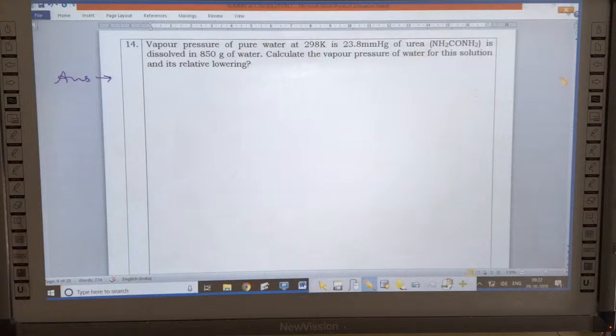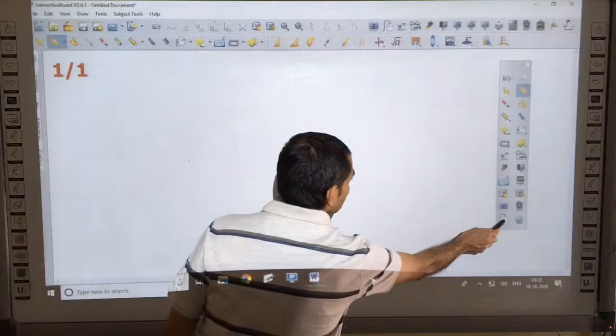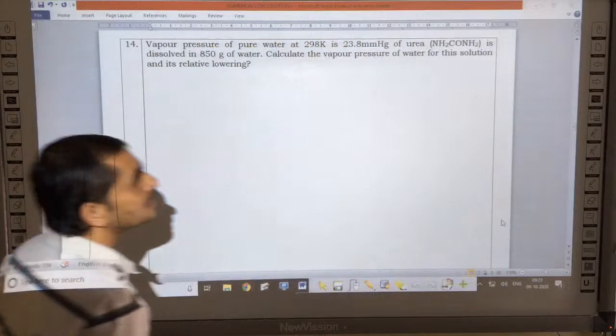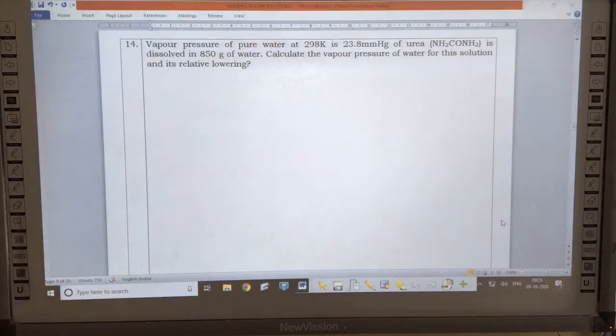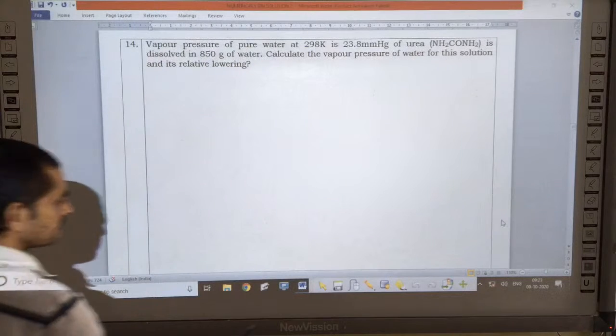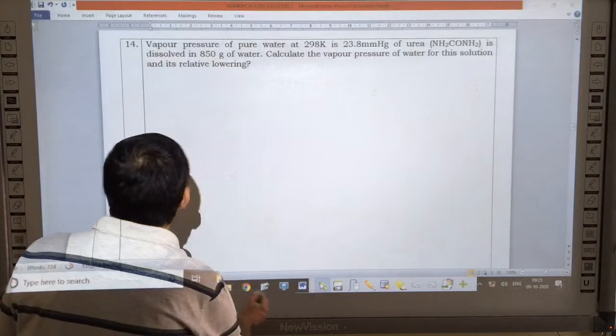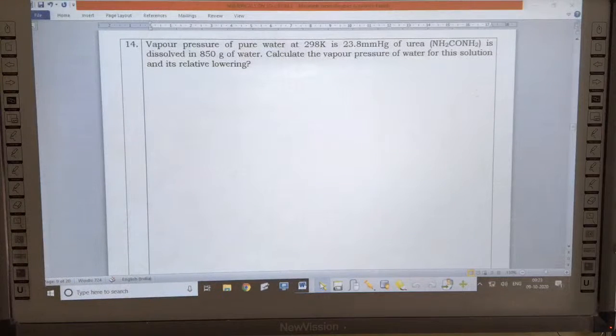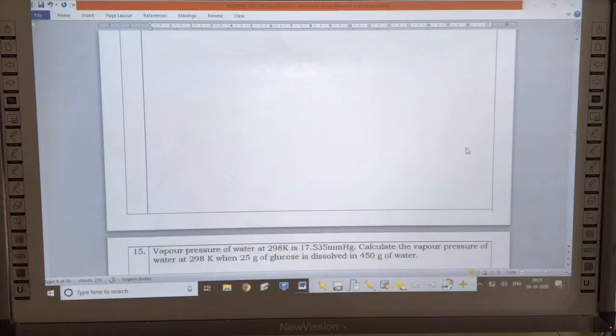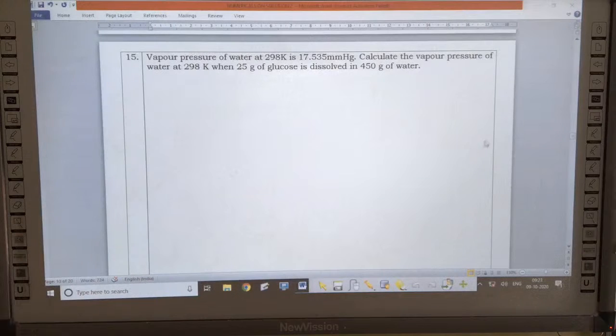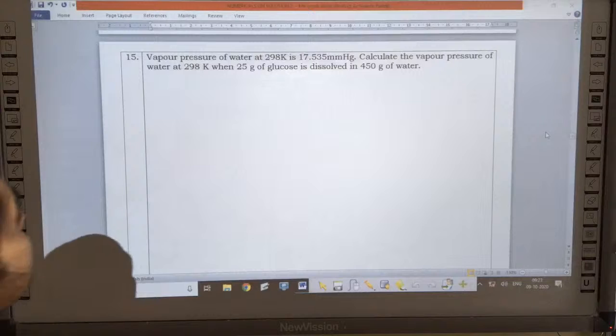Okay, now let us see. Let us do this. Here the amount of urea is missing.